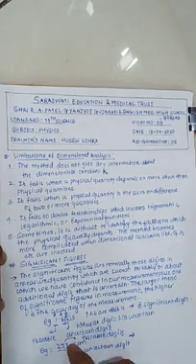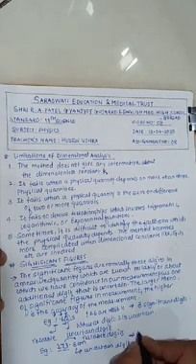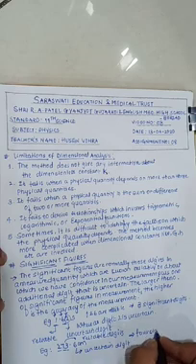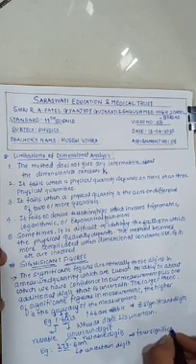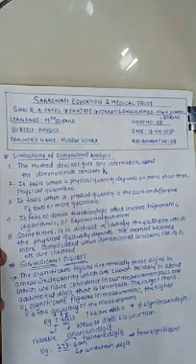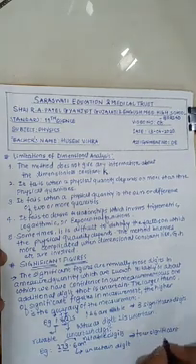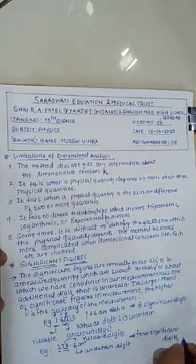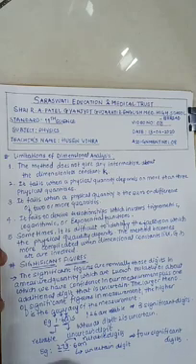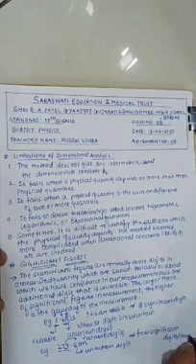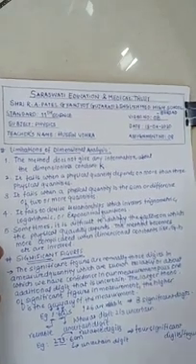So the total is 4 significant digits: reliable plus 1 additional uncertain. Till this clear? Hope this is clear.